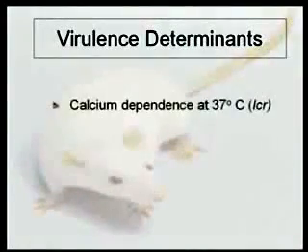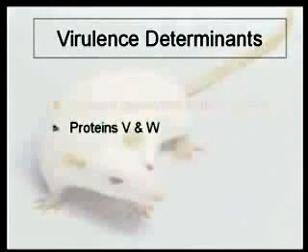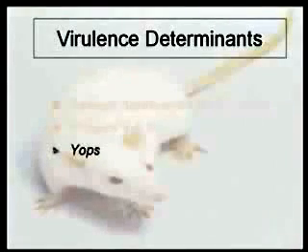Virulence determinants: calcium dependence, LCR. That is a trait that allows the expression of those genes, and allows the organisms to grow in a low calcium environment. Okay, proteins V and W. Those are the other 2 proteins.